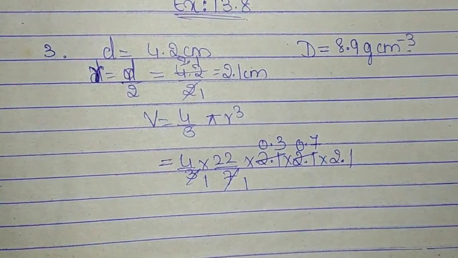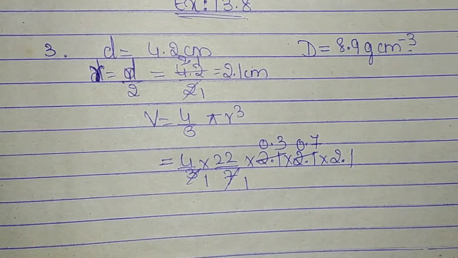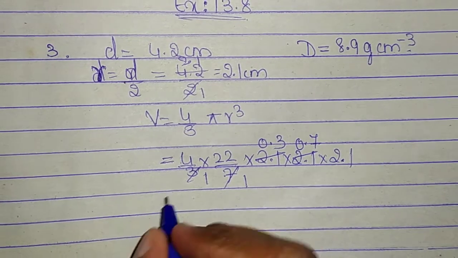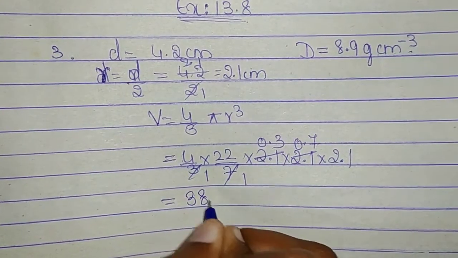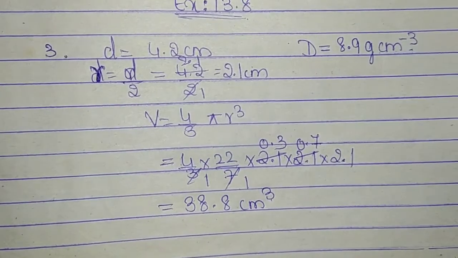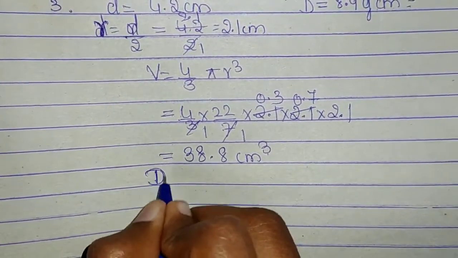So this is nothing but 4 into 22 into 0.3 into 0.7 into 2.1, which is equal to 38.8 centimeter cube.